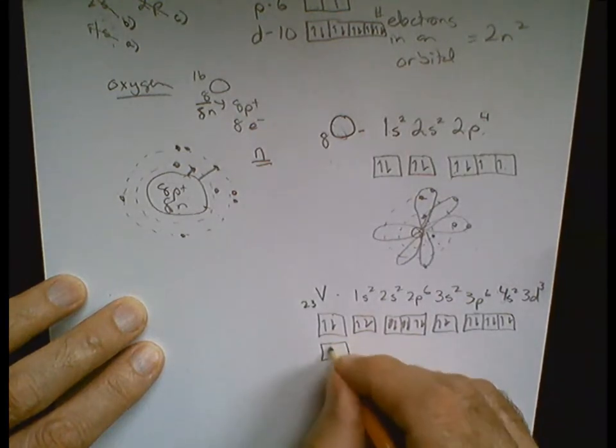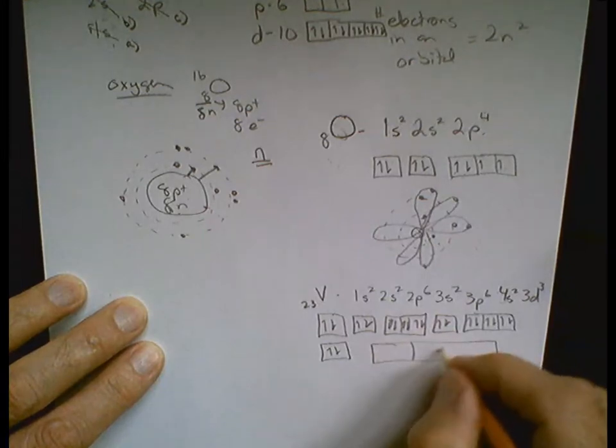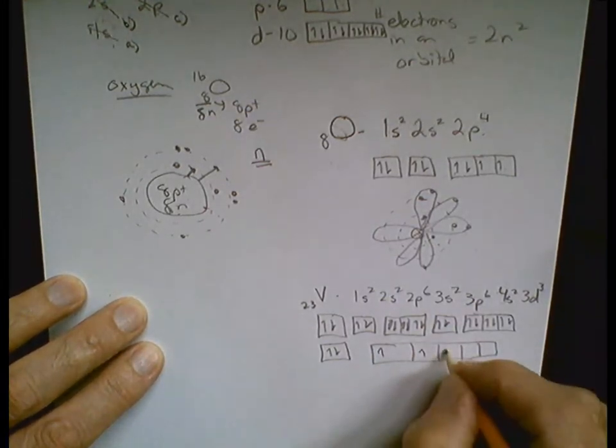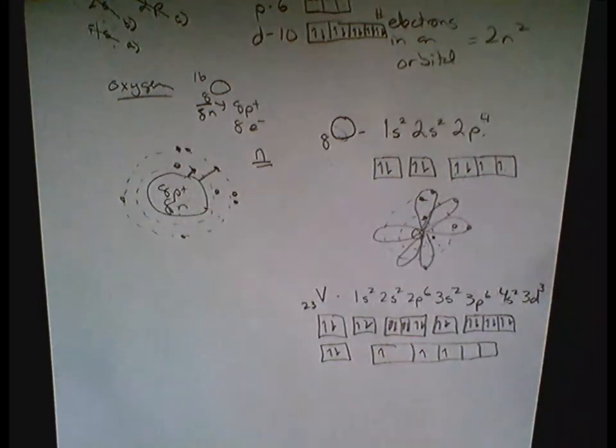Here comes your 4s2, and then your 3d10. Remember, put 1 in each box. So you've got 3 electrons there, 1 in each box.